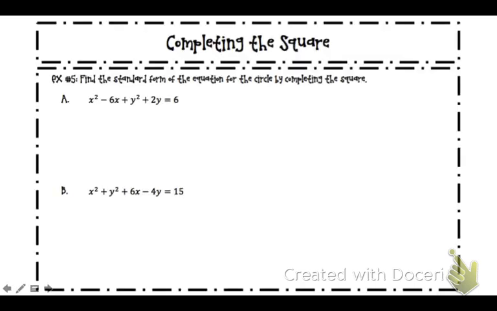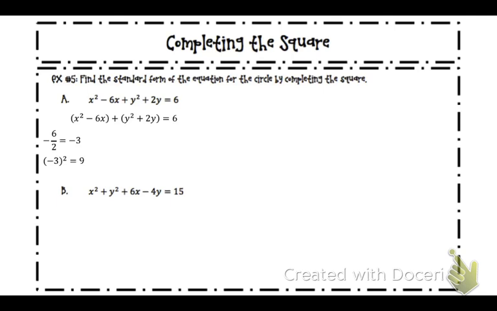Okay? Let's do another example. So now this time, we're going to use that factoring or completing the square to find an equation of a circle. So I'm going to put the x's together and my y's together. Now, they're both 1 in front of those, so we're good. I'm going to take that negative 6, divide by 2, you get negative 3. Square it, you get 9.